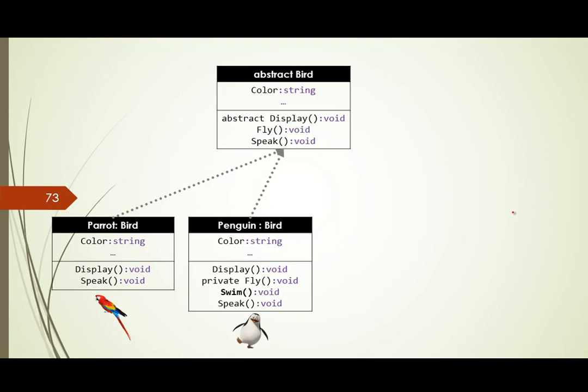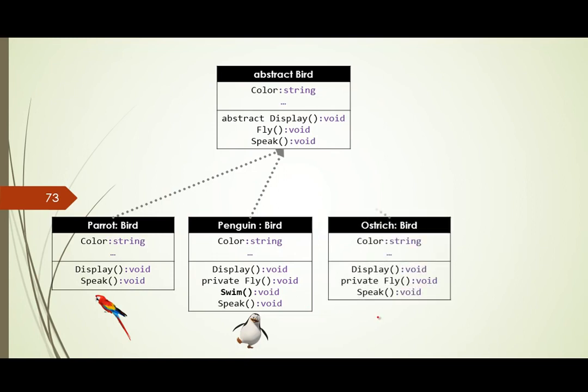I see the penguin. But penguins have a special ability: they cannot fly, but they can swim. So I'm really making the fly method private, and we really have to write the speak methods differently, because all of the birds speak differently.